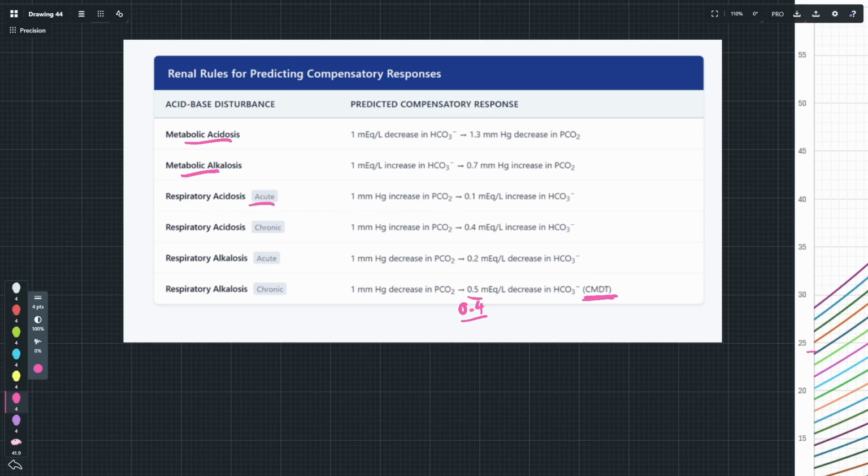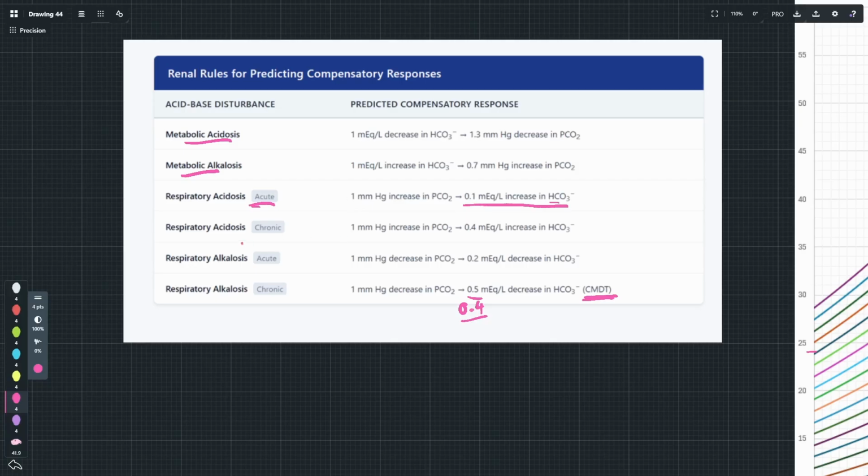Now this is acute, meaning very little time has just passed, and of course it's natural that there won't be a significant increase in HCO3 if very little time has passed. It's very logical.